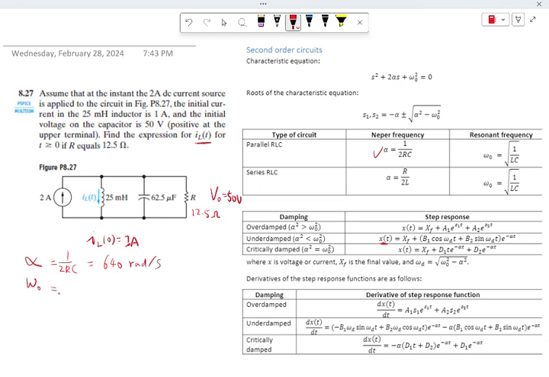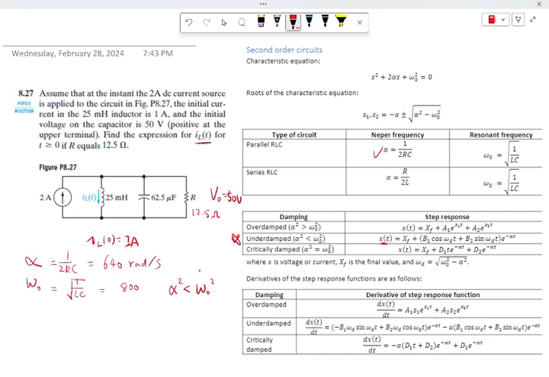Omega 0 is 1 over the square root of LC, and you will get 800. And this time alpha squared is smaller than omega naught squared, so it is underdamped. Okay, so it's an underdamped situation.